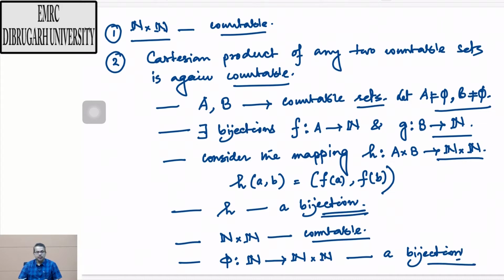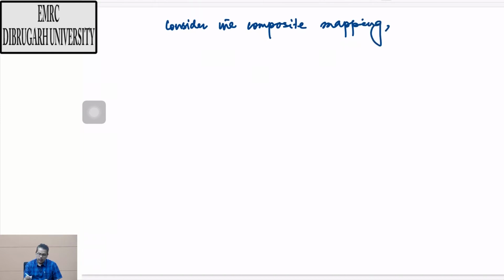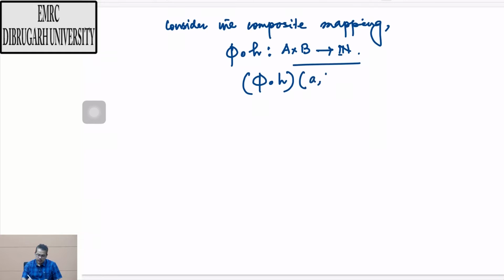Then consider the composite mapping phi of H from A cross B to n, given by phi of H of (a, b).